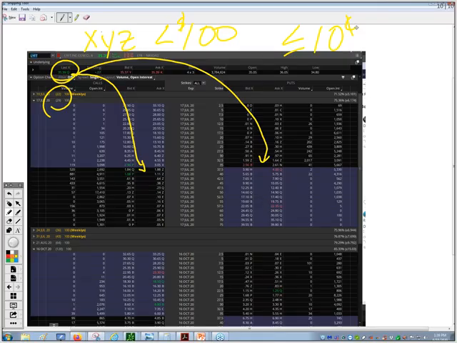So we can see here that these strikes are well within that parameter. We can see on both sides, the calls and the puts, and even some of the in the monies are fitting that rule, less than or equal to 10 cents wide. Now, since we're talking about a roadmap here, I have some rules, and I probably should have written that in a different color.